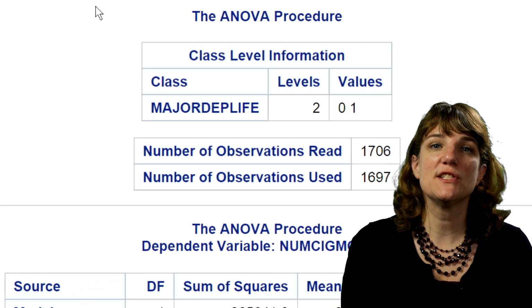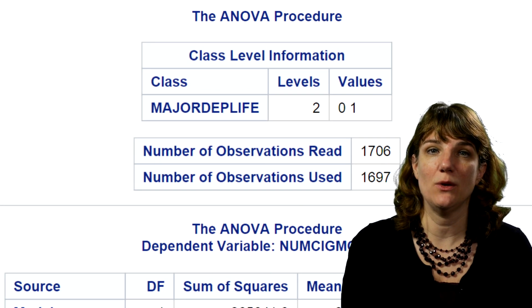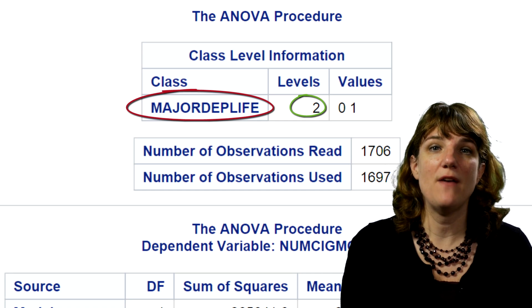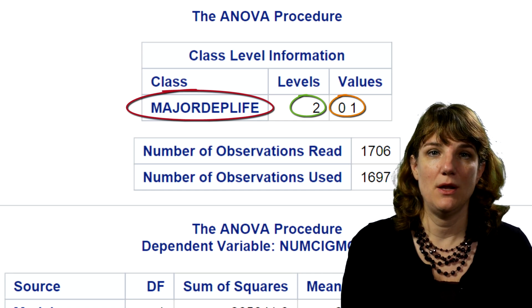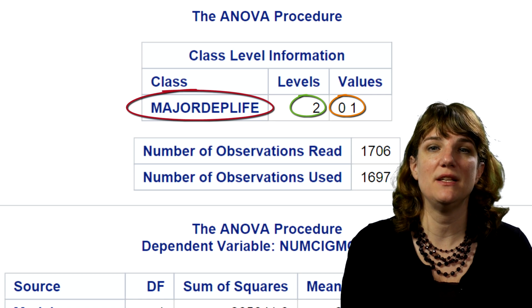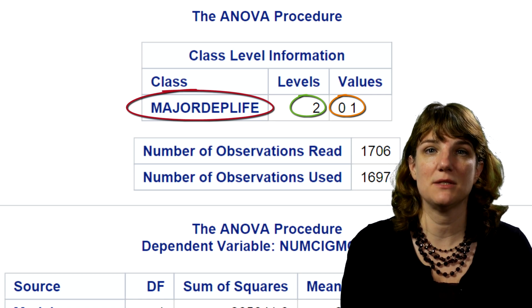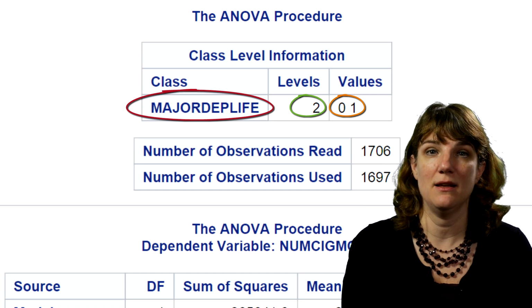Proc ANOVA first displays a table that includes the following: the name of the variable in the class statement, the number of different values or levels of the class variable, the value of the class variable, and the number of observations in the data set and the number of observations excluded from the analysis because of missing data, if any.